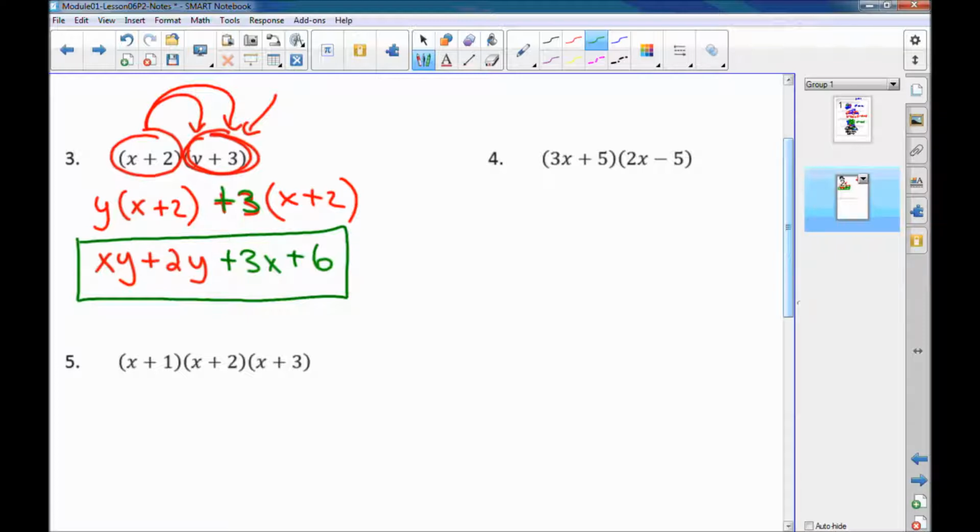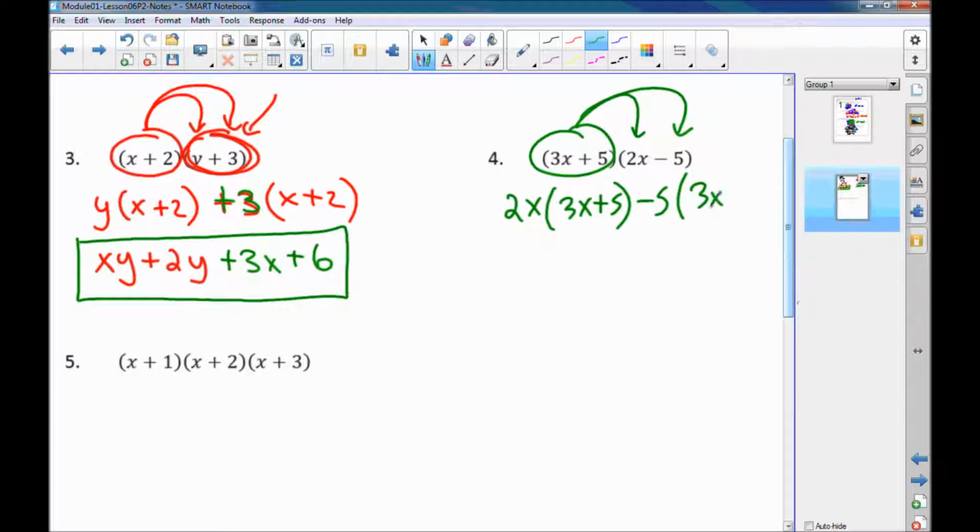All right, number 4. Same thing, we're going to take the 3x plus 5 and distribute it to the 2x and to the -5. So 2x is going to have 3x plus 5 distributed to it. And -5 is going to have 3x plus 5 distributed to it.